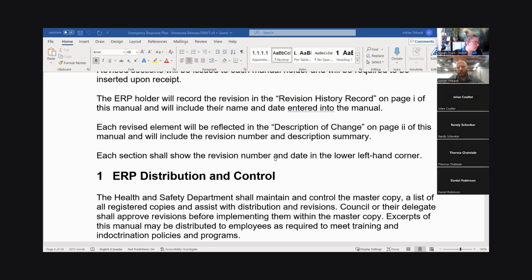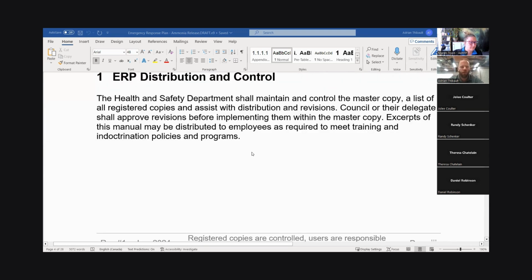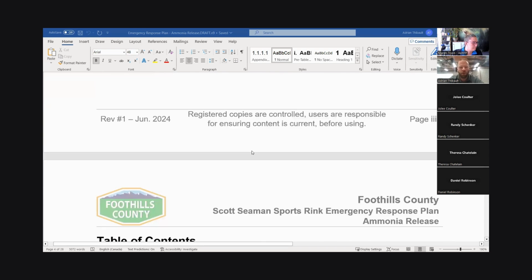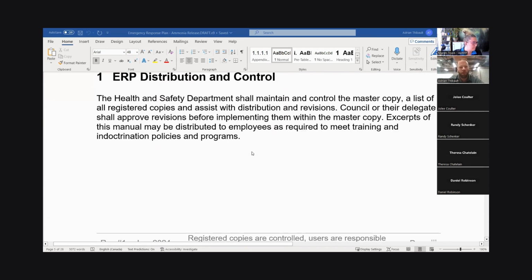There can't be multiple documents floating around. You have to be going by one solid document, especially when you get revisions on the go. So that's where the distribution and control comes in, showing that people are going to have to approve it along the way, but then it's going to be distributed by one person, and then they will make sure that all other copies are taken out of circulation.